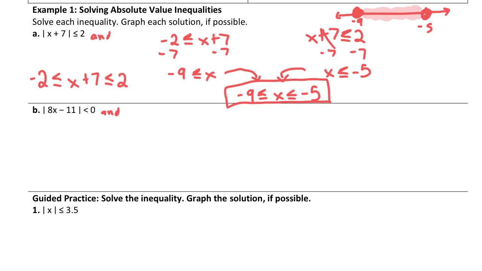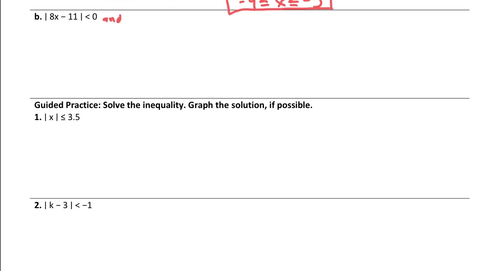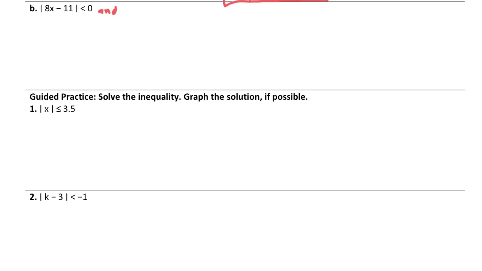Okay? Now, in this next example, I'm going to explain this one. It says the absolute value of 8x minus 11 has to be less than 0. With this inequality, I am going to say that this inequality has no solutions.